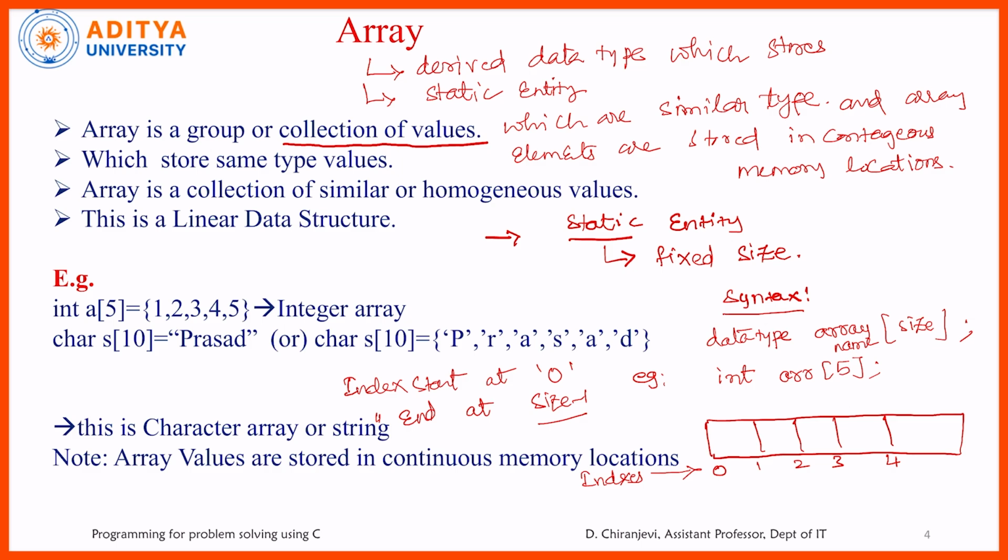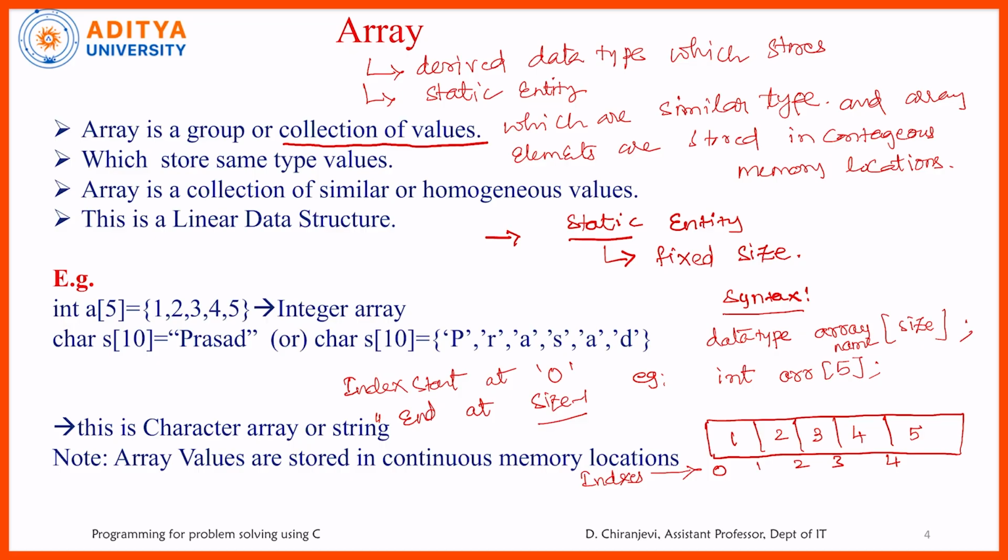Okay. So in this example we have declared an array and initialized its elements also. For this array the elements will be stored like this: 1 is at index 0, 2 at index 1, 3 at index 2, 4 at index 3, and 5 at index 4.